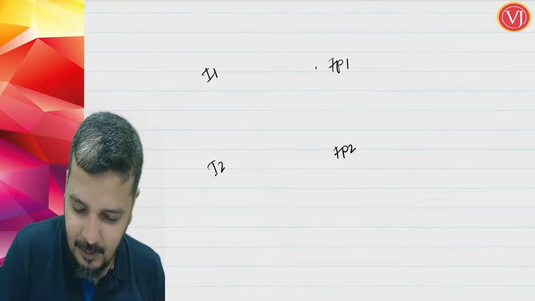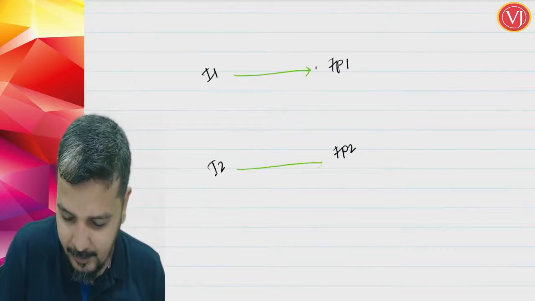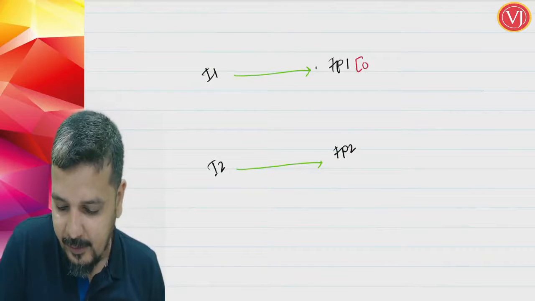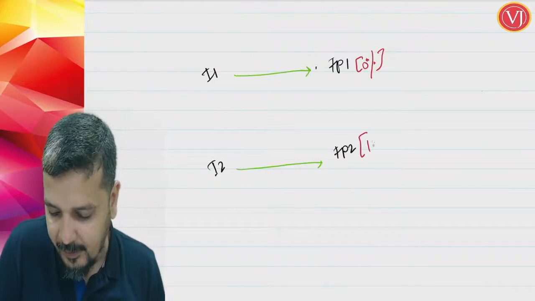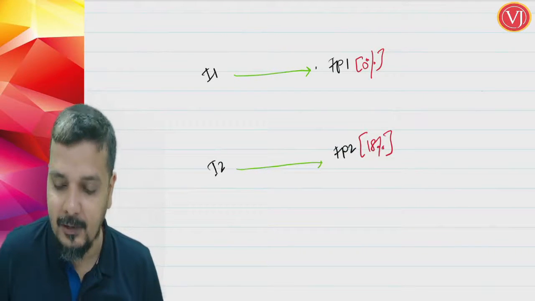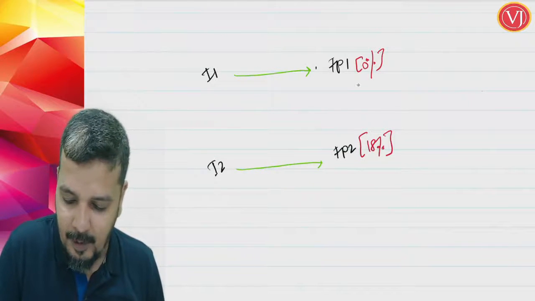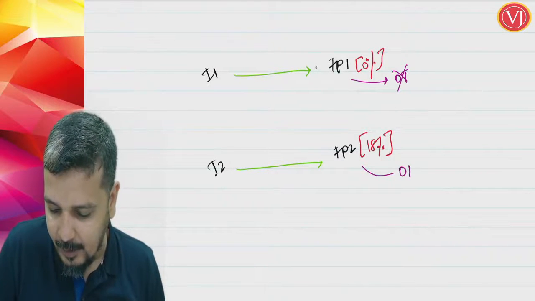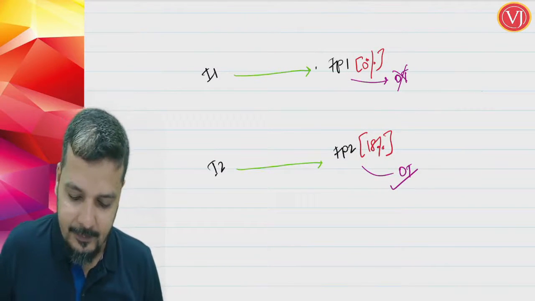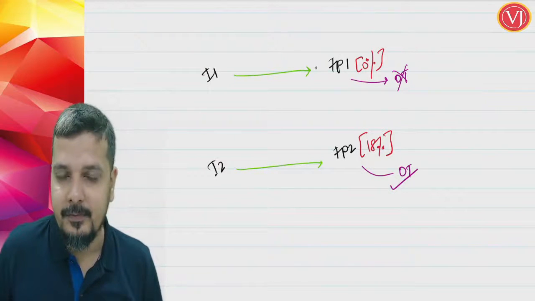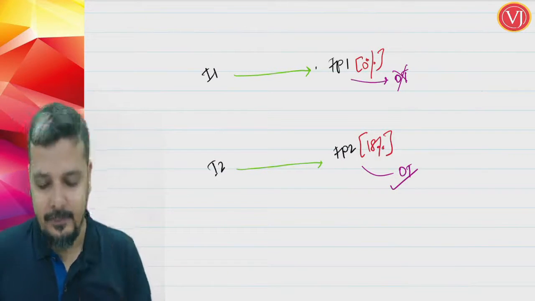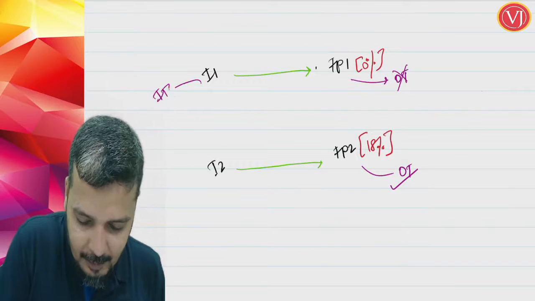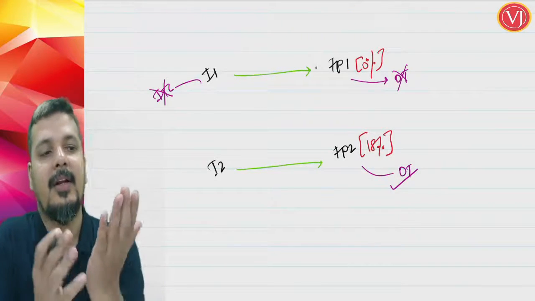On final product 1, say 0% is the rate of tax, and final product 2 has say 18% as the rate of tax. On final product 1, I am not going to pay any output tax, and on final product 2 I am going to pay output tax. On input 1 I cannot claim input tax credit, though it has come with GST.